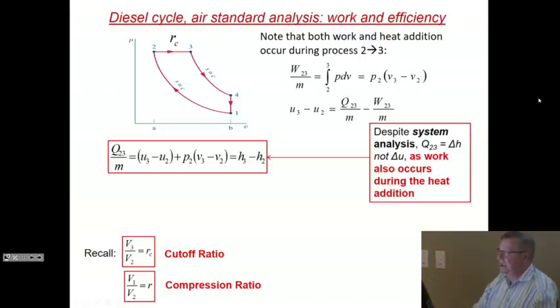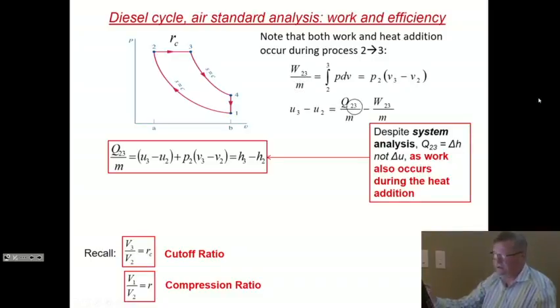Very good. Now the internal energy change between 2 and 3, U3 minus U2, is both the heat and the work. This is simply an expression of the first law of thermodynamics. And both exist. Neither of these two is zero. But this one you know, because you calculate it as pressure times differences in volumes, specific volumes because we divide by mass.